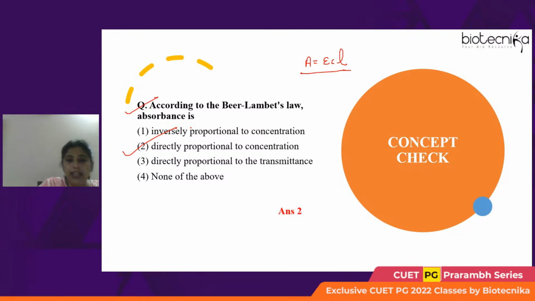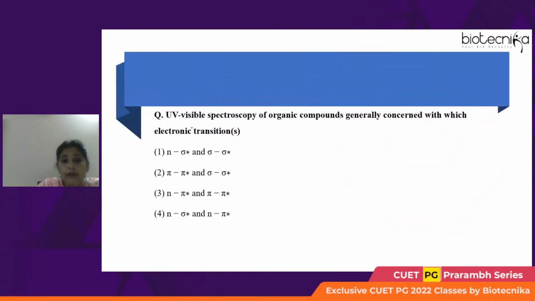Then another type of question is: UV visible spectroscopy of organic compounds is generally concerned with which electronic transition? You remember the black arrows I specifically mentioned, so this question is based on that. Can you tell me what kind of electronic transitions are possible in UV visible spectroscopy?